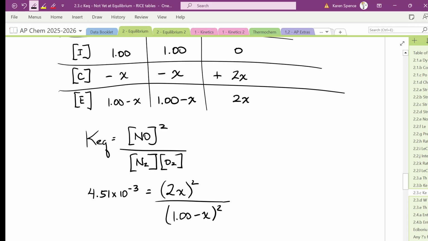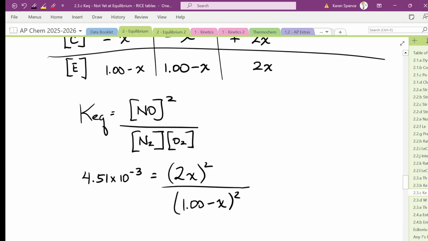And one of the reasons I like to keep it in this format is that I look at this and I go, oh my God, that looks like a quadratic equation. Yucky. Except, is there a cheat so we don't have to do a quadratic? There is. What's the cheat?